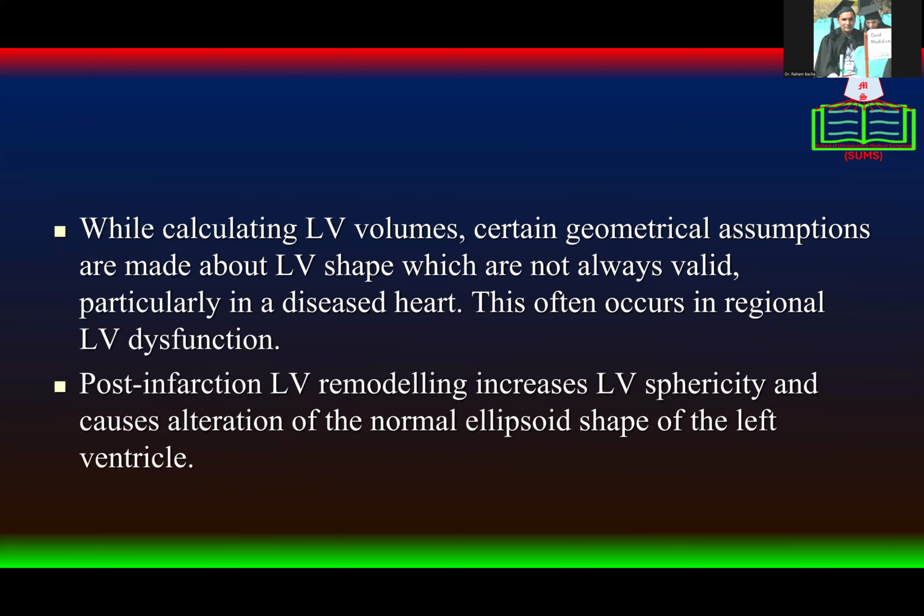While calculating left ventricular volume, certain geometric assumptions are made about left ventricular shape, which are not always valid, because we assume that the left ventricle is ellipsoid shaped, particularly in the cubed equation. Particularly in heart disease, that will not be true.